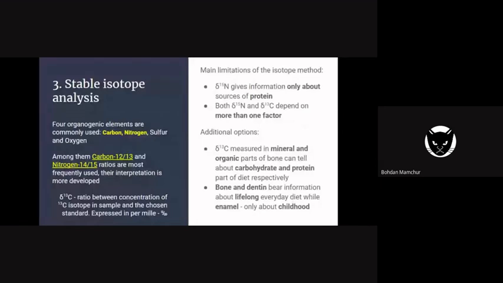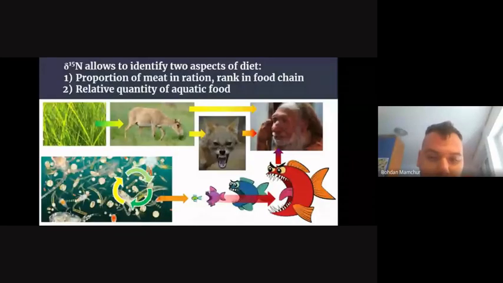Nitrogen is characterized first of all by the concentration of its heavy stable isotope N15 in bodily fluids and proteins. Therefore, in food webs, there is a stepwise trophic shift of delta N15 equal to +2 to +6 promille because predators consume herbivores. It reveals two main aspects of diet.